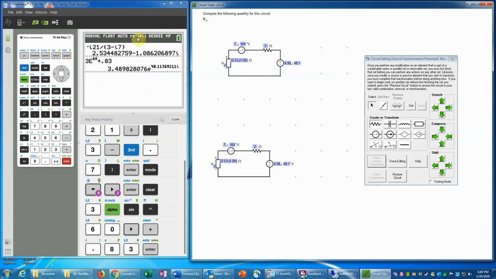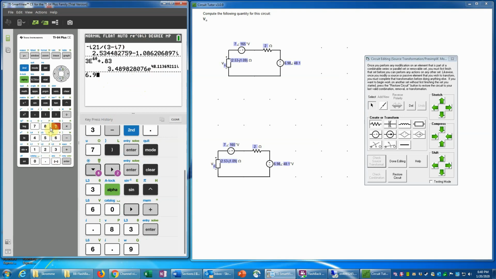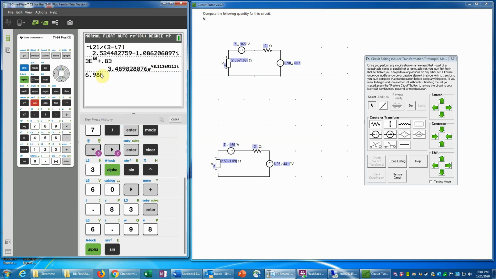So I am already in polar mode, so that's good. And I'm going to enter 6.98. Times that E variable I defined that basically allows me to use things in degrees. And I'll raise that to the power of 48.1.